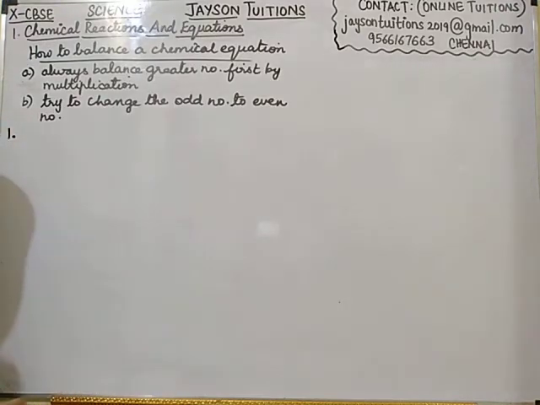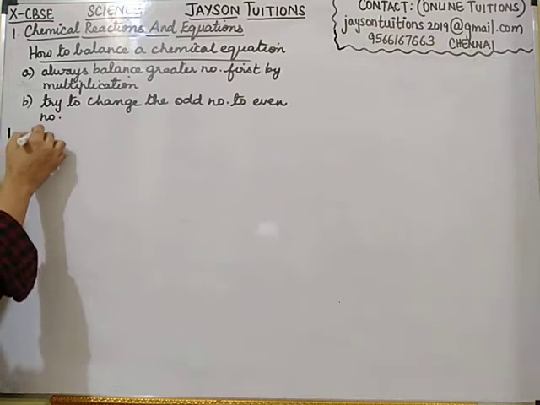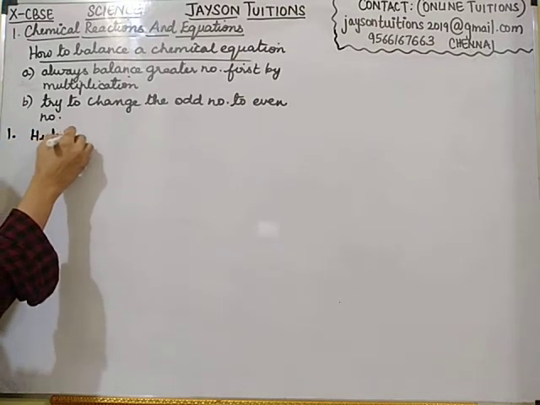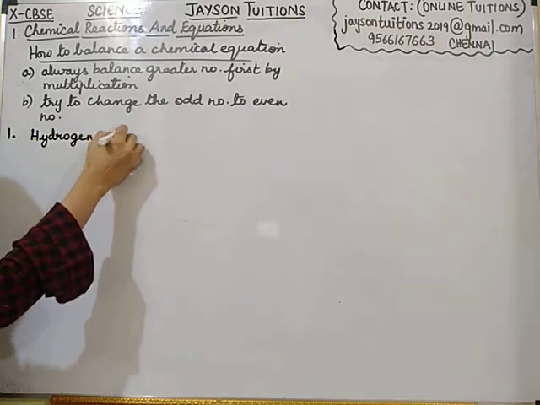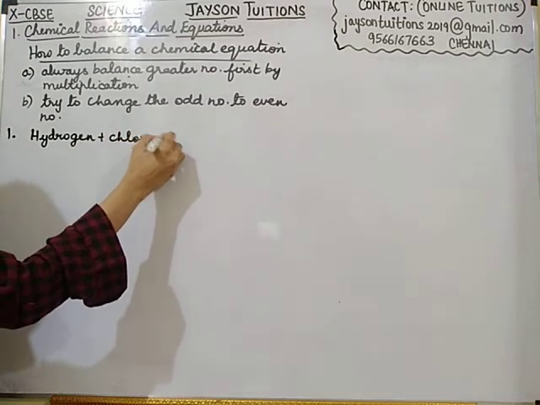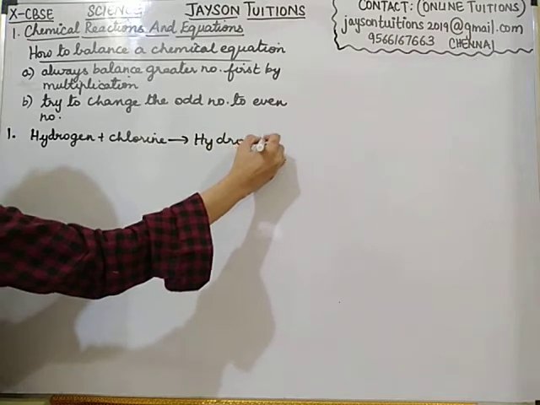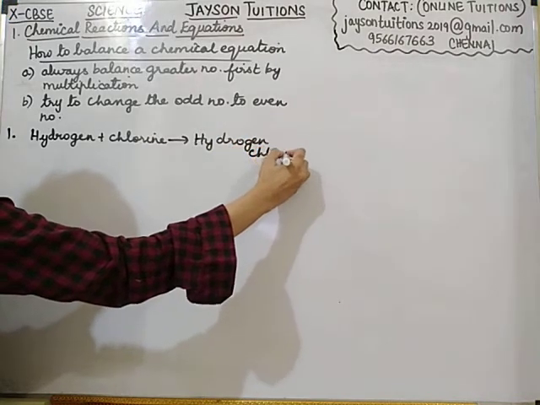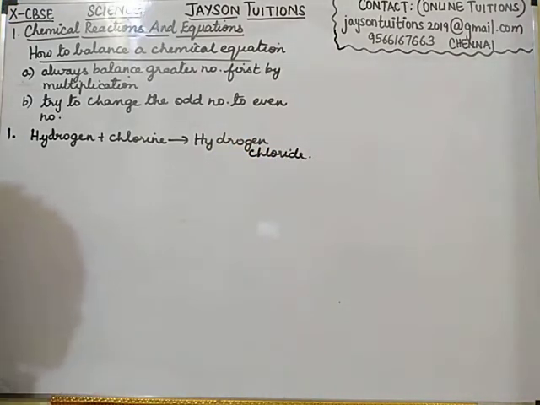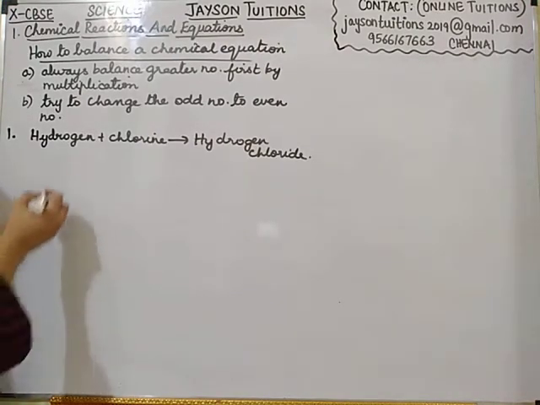So the first example: hydrogen plus chlorine gives hydrogen chloride. First, hydrogen.